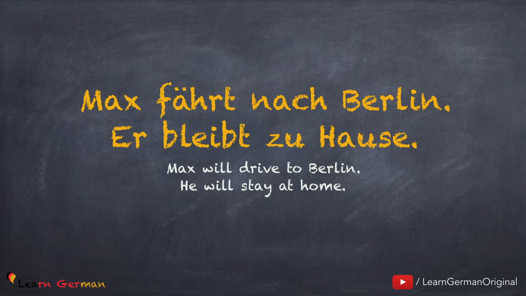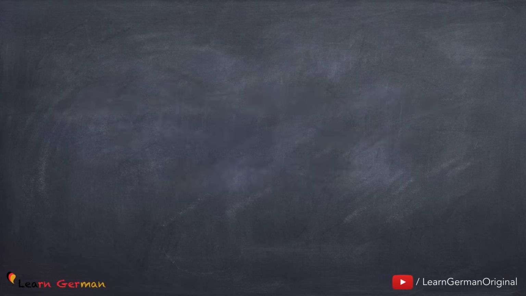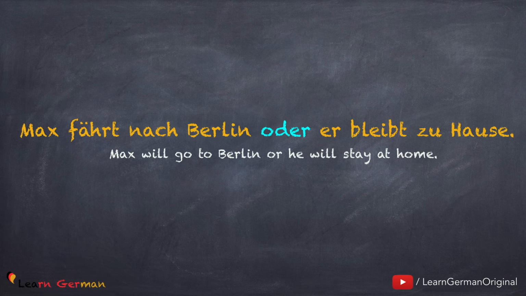Now we will bring these two sentences together with the help of conjunction oder. So you would say, Max fährt nach Berlin. Oder bleibt zu Hause. So the conjunction oder has brought two sentences together and formed one sentence.